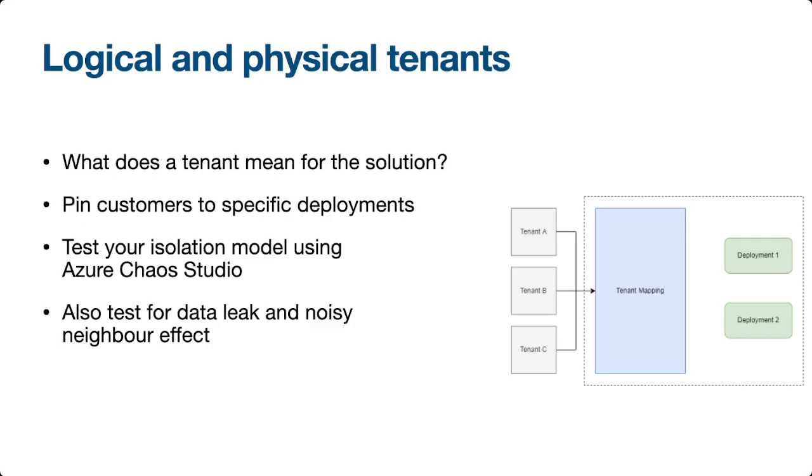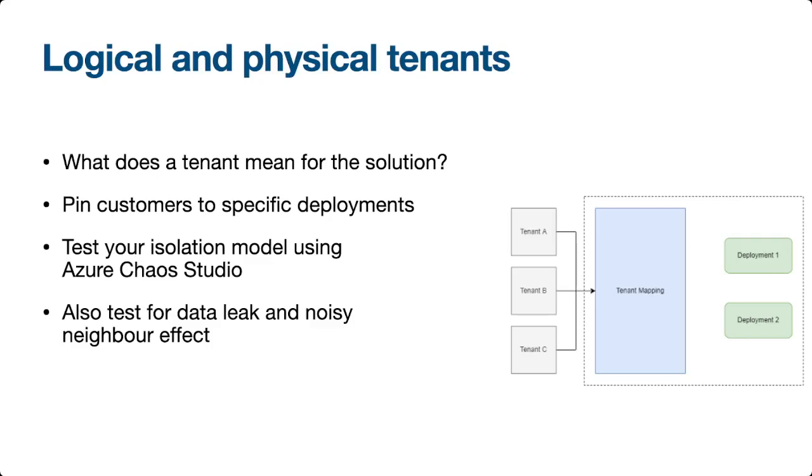In this example, you might need to represent each user as a separate logical tenant and then map to physical tenants that represent the different instances you've deployed. So you have a one-to-many mapping between logical and physical tenants, and you can move logical tenants between physical tenants at your own discretion.